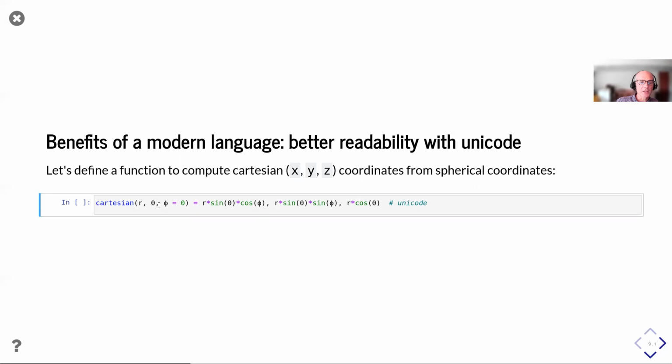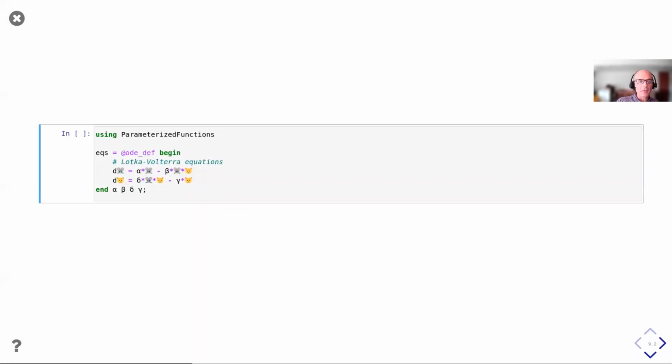And what you'll notice is that we're using Greek symbols that have very well established mathematical meanings. I think anyone who knows the underlying mathematics and looks at this is well equipped to understand what this means. This goes even further, in that it's even possible to use emoji in your code if you want.